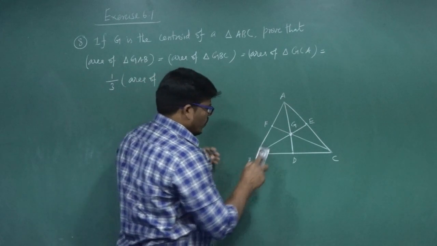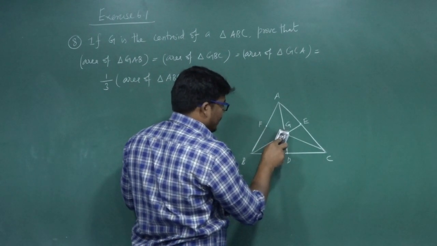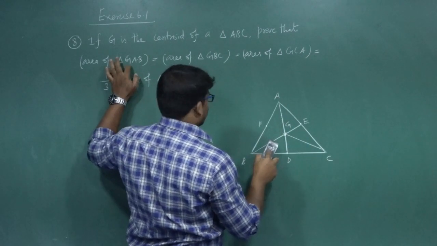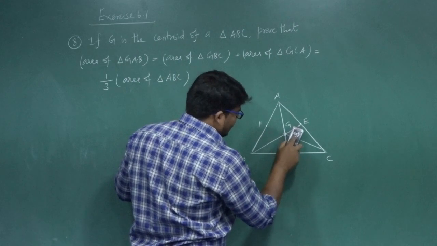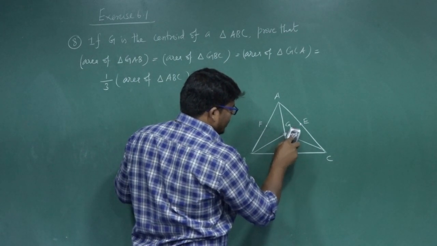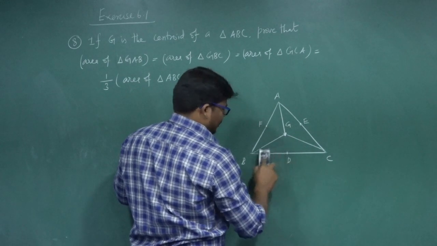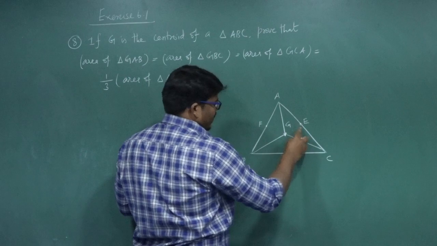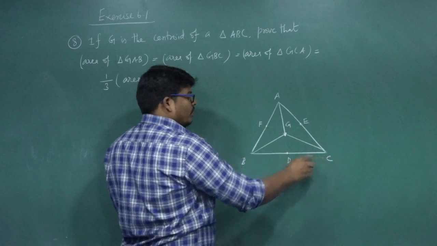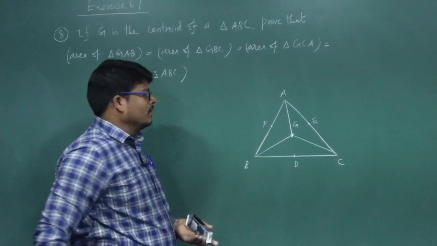We have to prove the first one, triangle GAB, and the next one, GBC, and the third one, triangle GAC, each equal to 1 by 3 times the total triangle ABC.